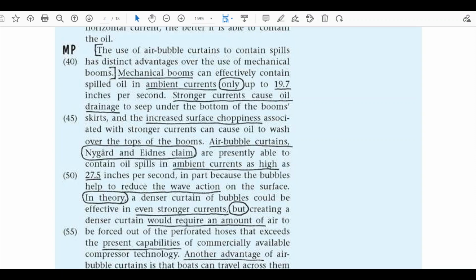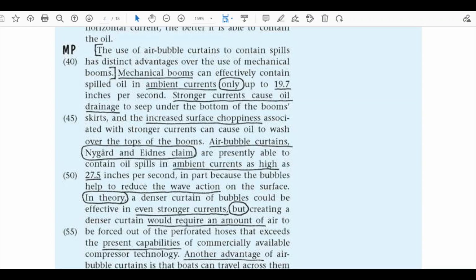Air bubble curtains, Nygaard and Idness claim, are presently able to contain oil spills in ambient currents as high as 27.5 inches per second, in part because the bubbles help to reduce the wave action on the surface.